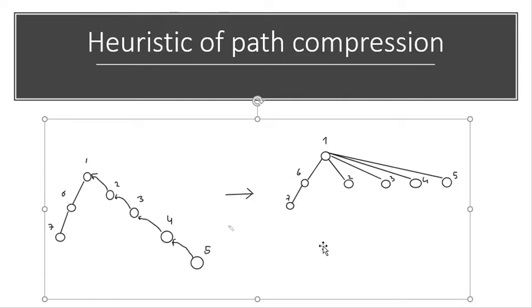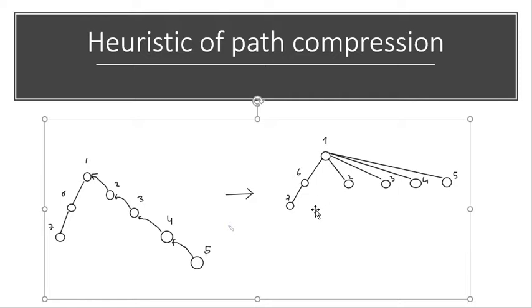We don't relocate or appoint new parents for our vertices, so the tree remains as it was. But after this path compression heuristic, for each vertex 2, 3, 4, 5, its parent will be 1.